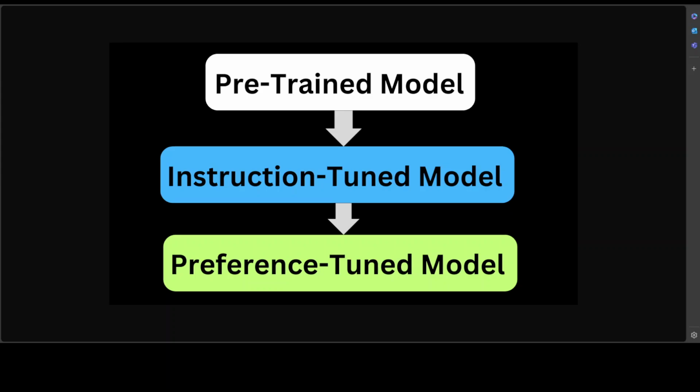Once we have a pre-trained model, we normally need to do fine tuning for specific applications. For example, you want to fine tune that model on your own dataset, on the medical domain, the legal domain, or whatever your requirement is. That is where the instruction tuned model comes in. This model is fine tuned from a pre-trained model, and then it is trained on a dataset of instructions or prompts.